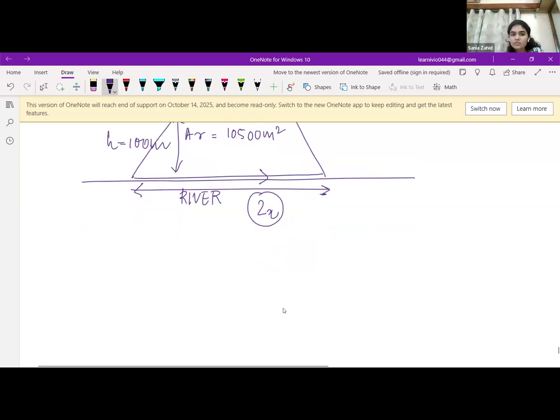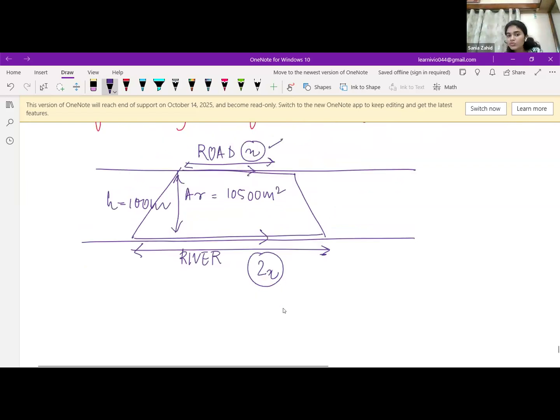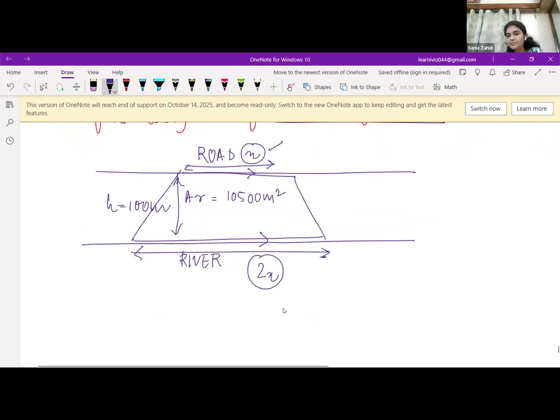So now children, just calculate it quickly. Use the formula for area, calculate the value of x, and what are they asking you? Find the length along the river. So calculate 2x then. Find the answer. Calculate it and tell me the answer.